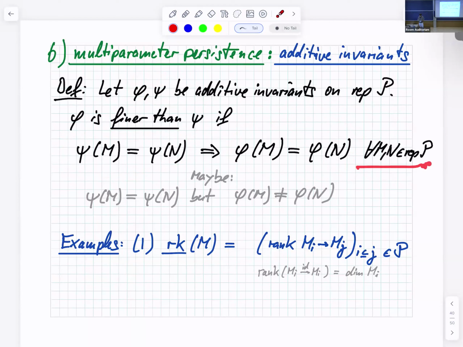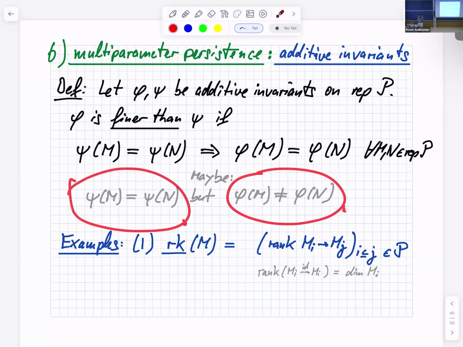So whenever psi identifies M and N, they cannot be distinguished using psi, then they can also not be distinguished using phi. But the other way around, it could be that phi is able to distinguish two modules that psi could not. So phi is a finer piece of information than psi. Phi will distinguish more modules than psi did. Okay, so that's what I'm looking for.